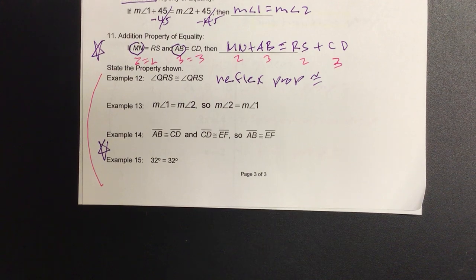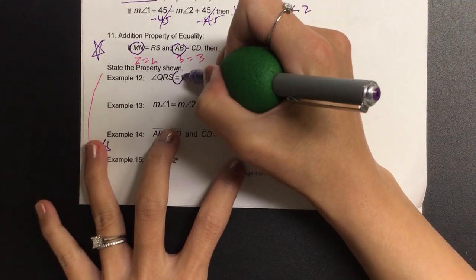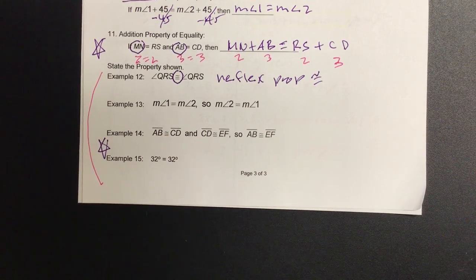I heard some of you guys say reflexive property of equality. Notice the symbolic notation. It'll be reflexive property of congruence. It has to match. So if it's got equal, you say equality. If it's got congruence, then put that in place of the equal.